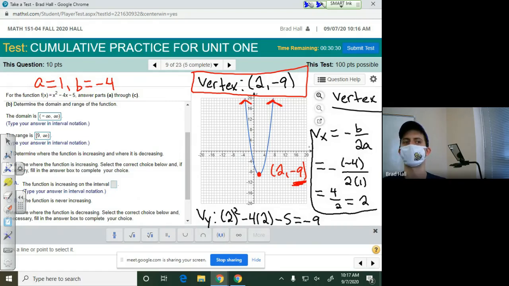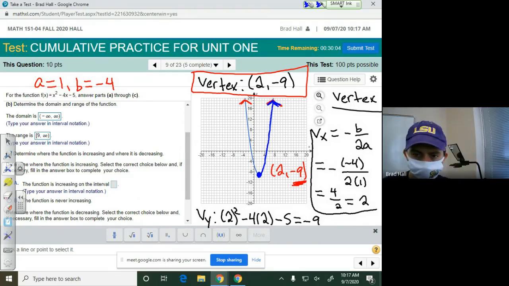Well, you can think about increasing and decreasing like a roller coaster. So, when are you increasing in altitude? I'm going to do this in blue. You would start at the vertex, and you would go all the way up. And naturally, this would be a horrendous roller coaster because you increase in altitude forever.